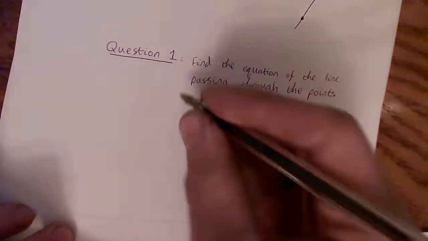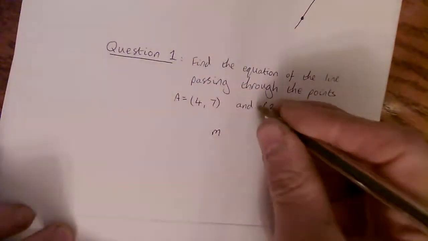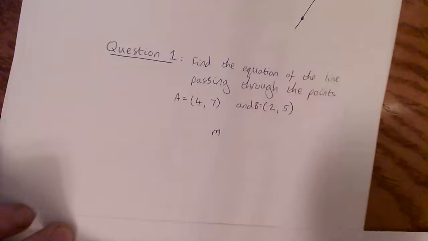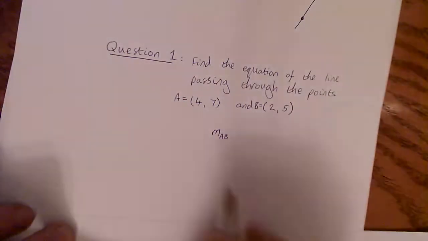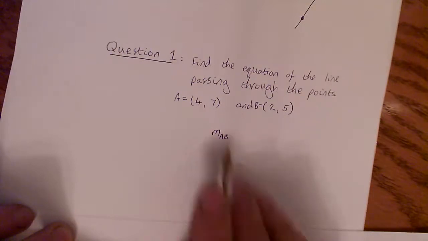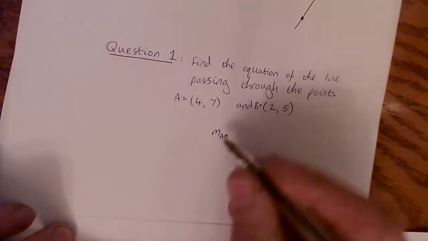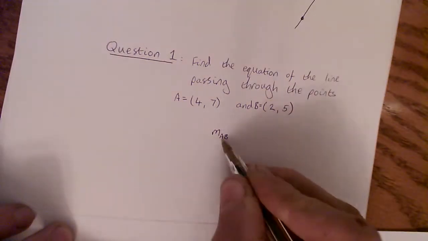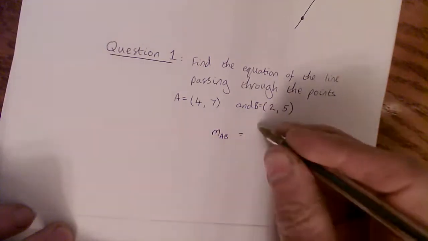Now actually, this is something we didn't do at Nat 5, but we might have our points labelled A and B. So often you will see written mAB. That means the gradient of the line between A and B. So this is a little bit of an adaptation from what we've written when we've been doing stuff at Nat 5. We like m, which means gradient, and a little AB, which means the gradient between A and B. We write down our formula.